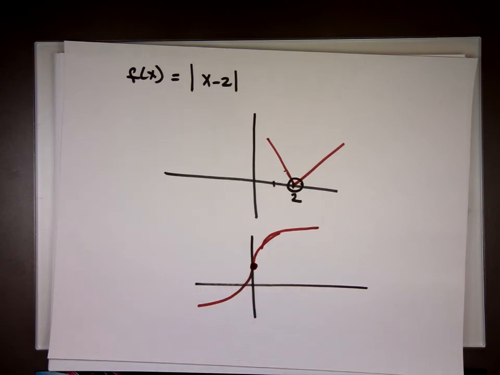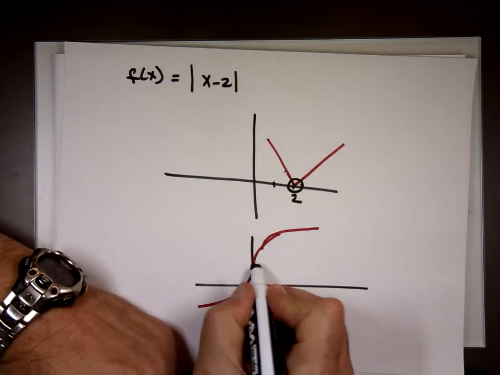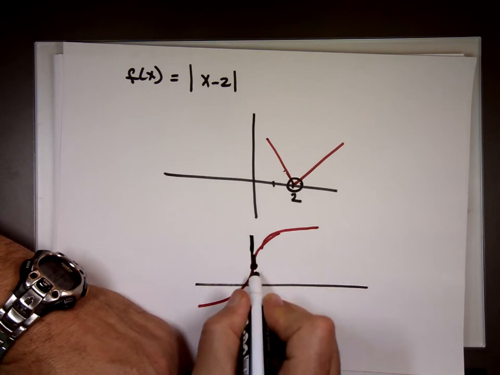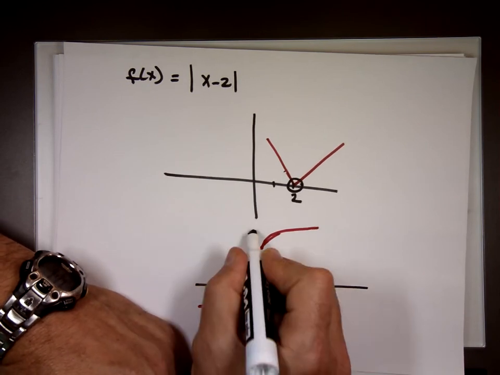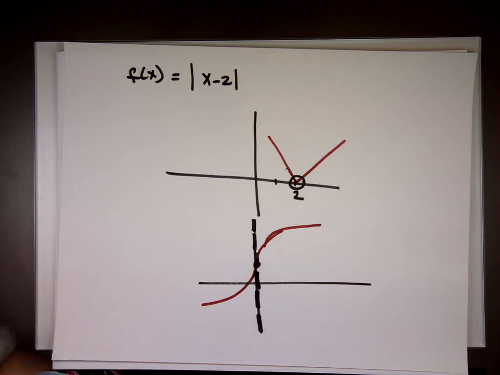Or the tangent line, not the slope. Let's look at the tangent line first. What's the tangent line at that point? This line. And what's the slope of that line? Does not exist.